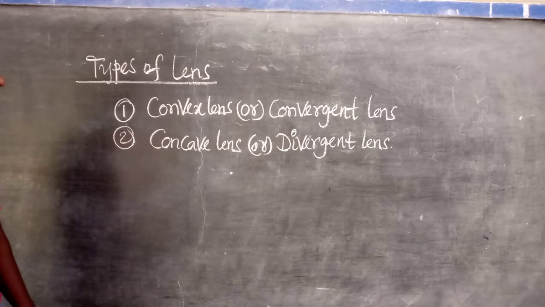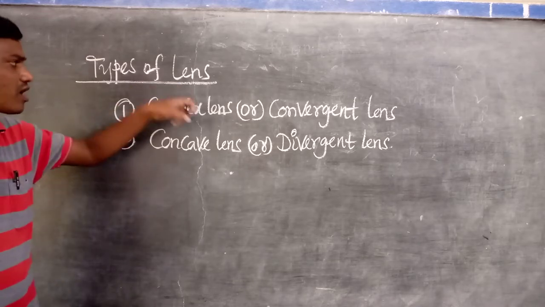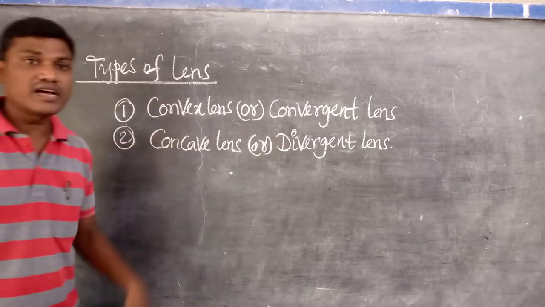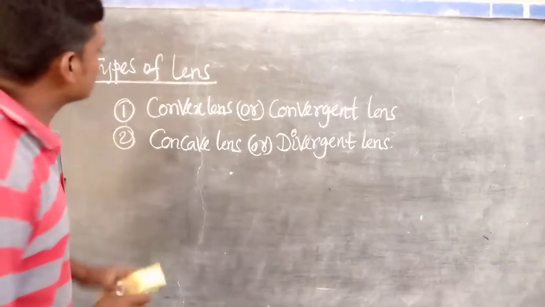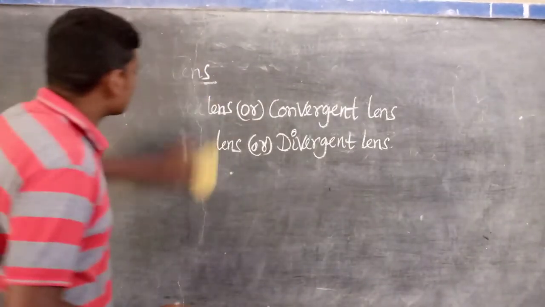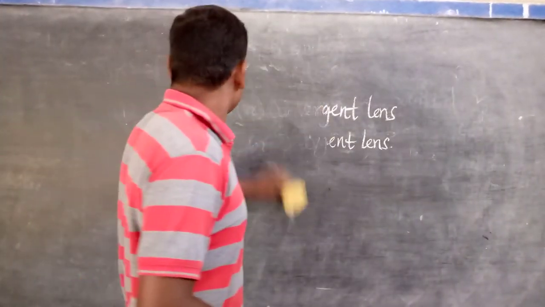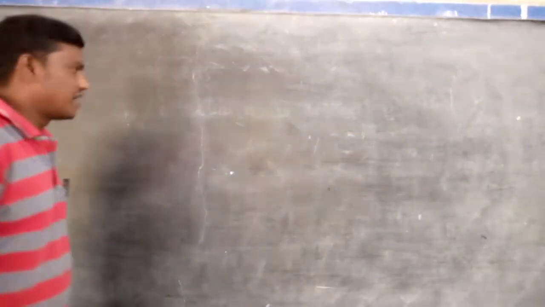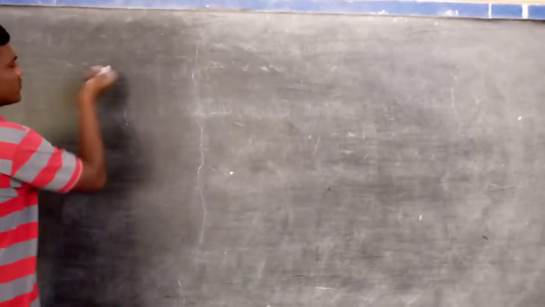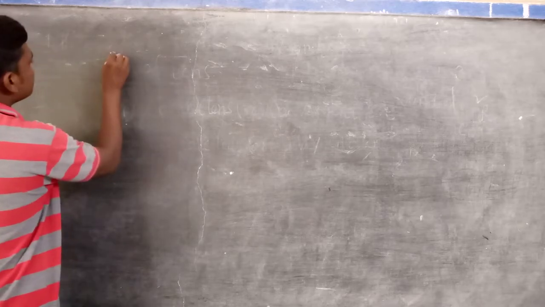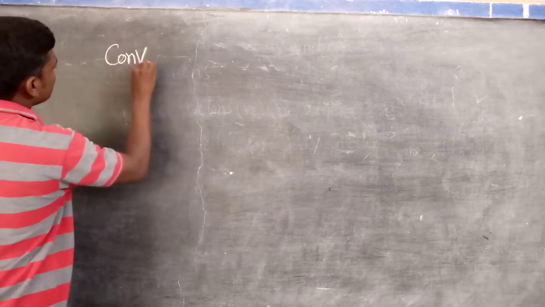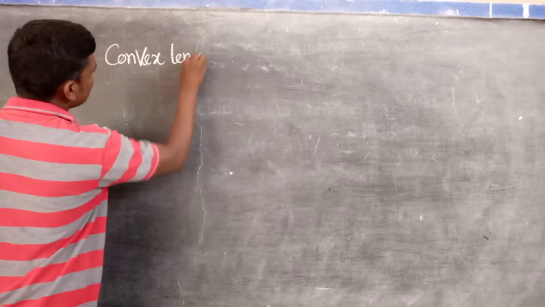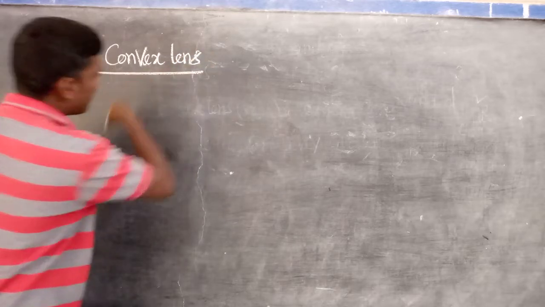Now we discuss which type of lens is called convex, while the other is called concave. We also discuss why a convex lens acts as a converging lens and a concave lens acts as a diverging lens. First is the convex lens.